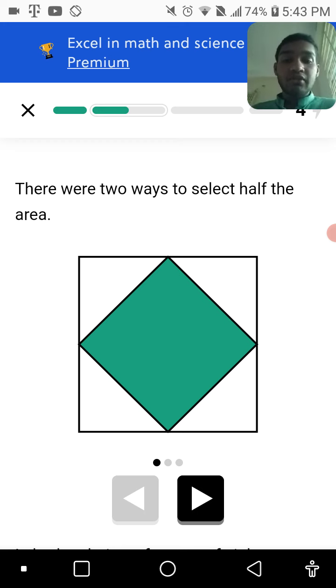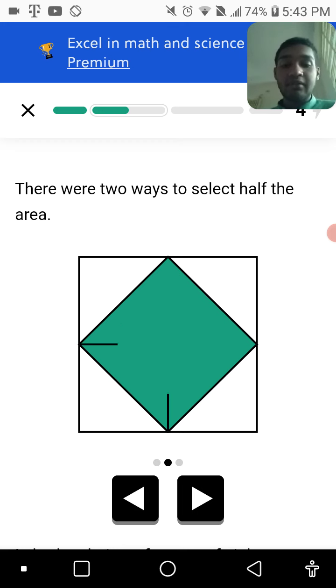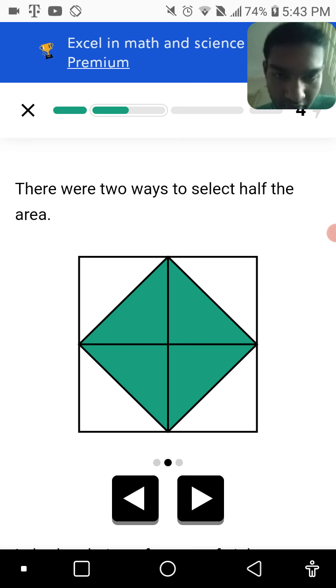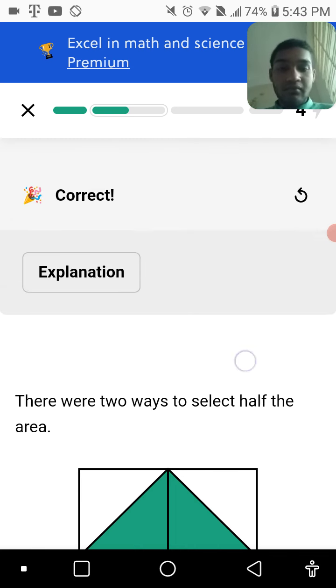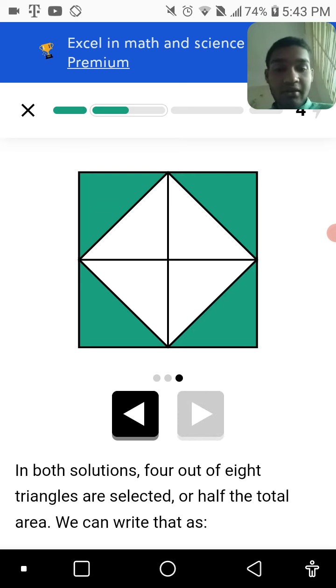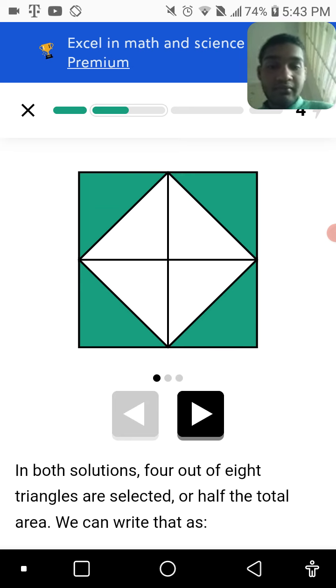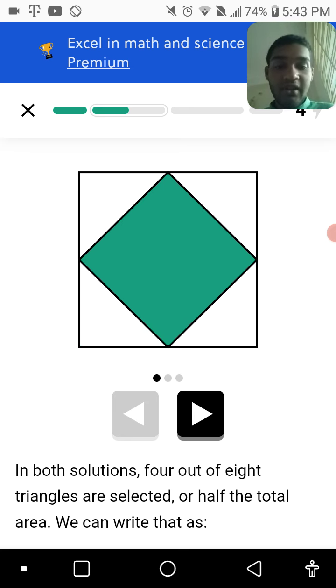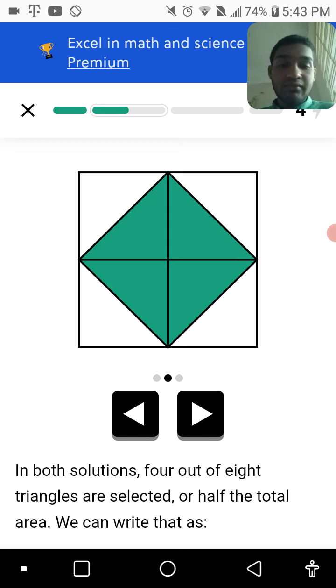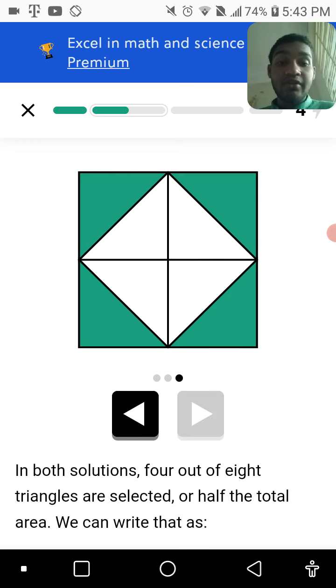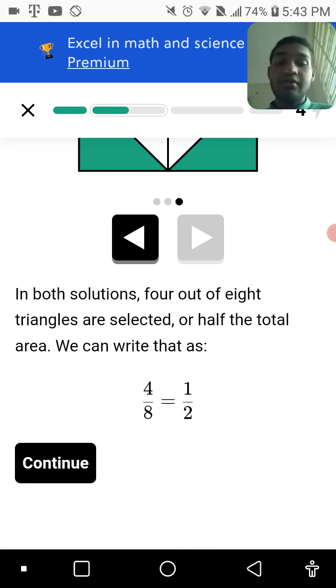There were 2 ways to select half the area. Divided that square, and okay, now I get it.